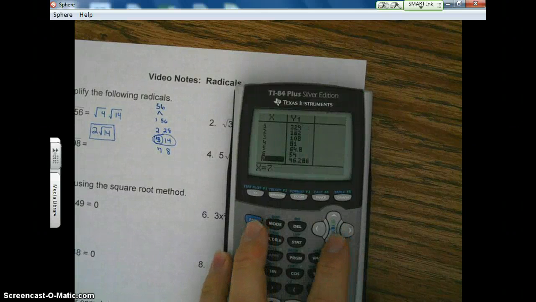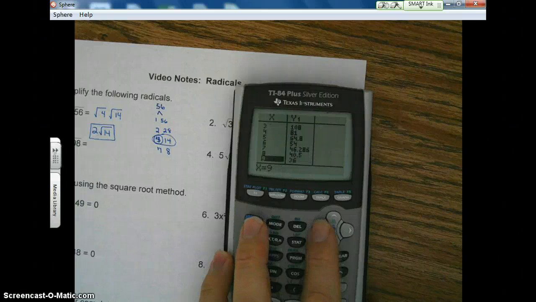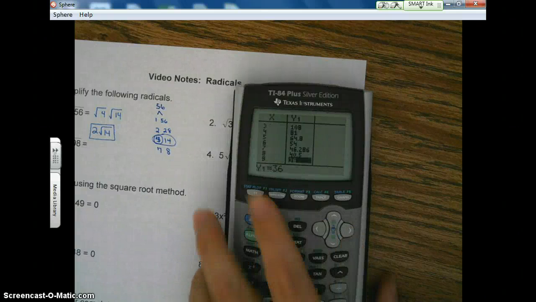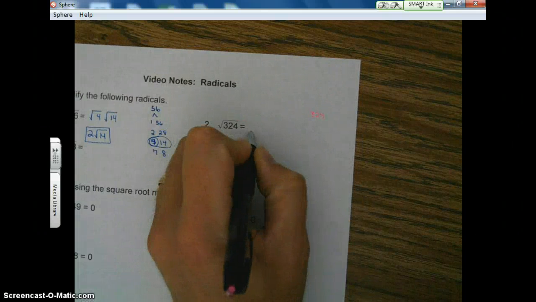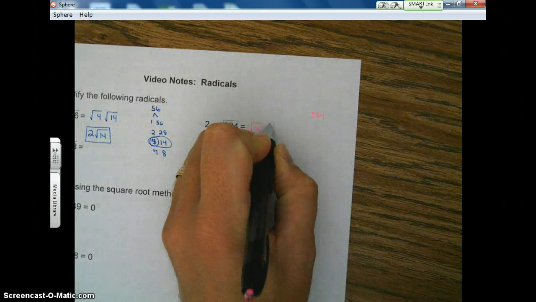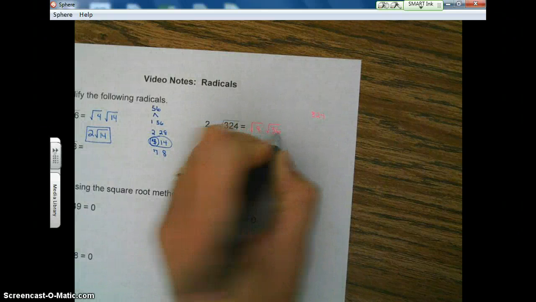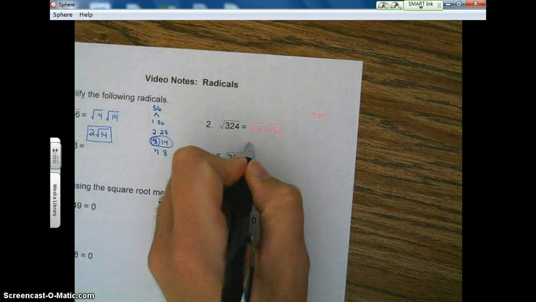No perfect square there. 9 and 36. There's a perfect square. Actually, they're both perfect squares. How interesting. Let's use that one, 9 and 36. All right. So we're going to have the square root of 9 times the square root of 36. The square root of 9 is 3.